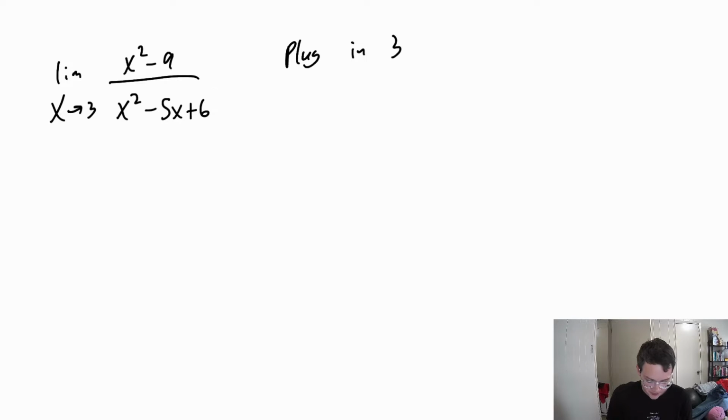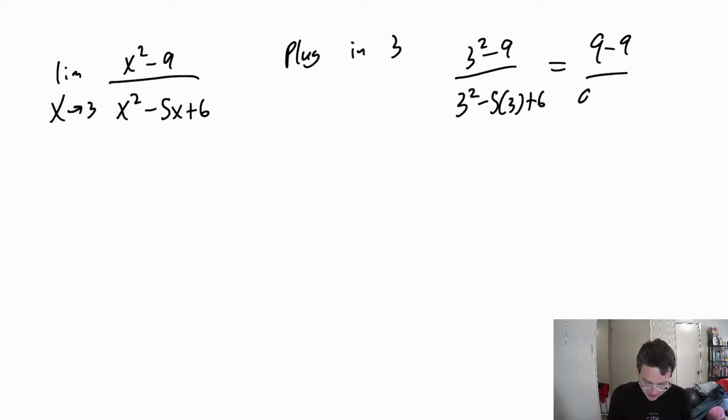What do we get? Well, we have 3 squared minus 9 over 3 squared minus 5 times 3 plus 6. So this is 9 minus 9 over 9 minus 15 plus 6, which is 0 over 0. We have an indeterminate form. So that means we can apply L'Hopital's rule because we have this indeterminate form when we try plugging in.